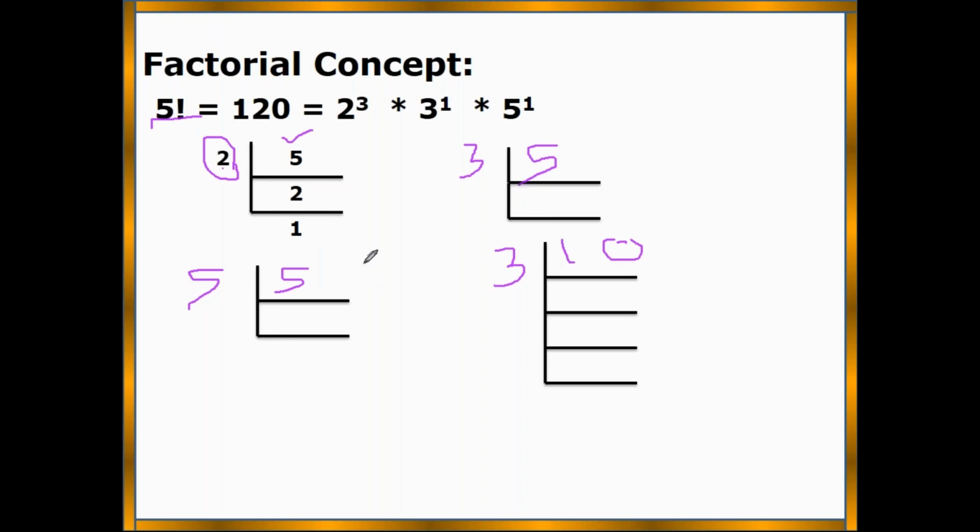Add all the quotients from bottom to the top except the given one. 1 plus 2 is how much? 3 is the answer. That is the highest power of 2 in 5 factorial.